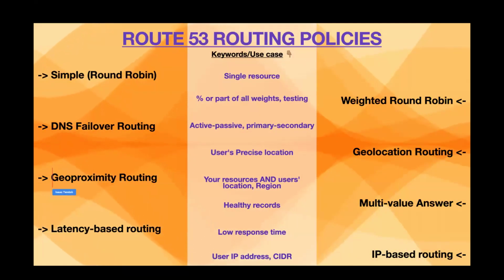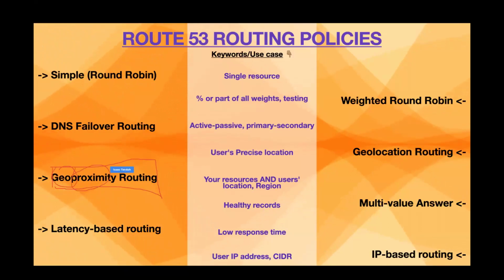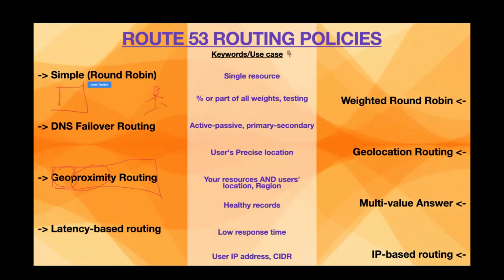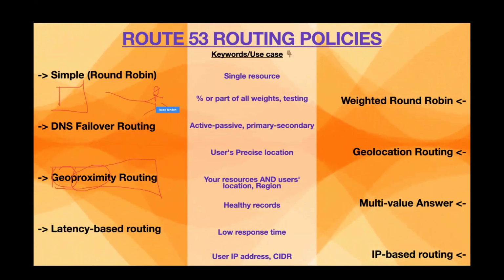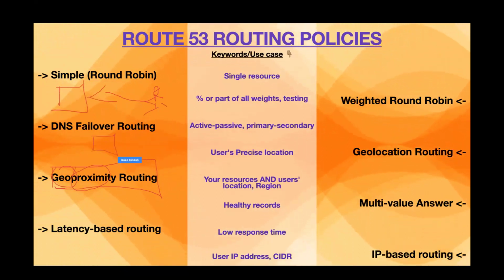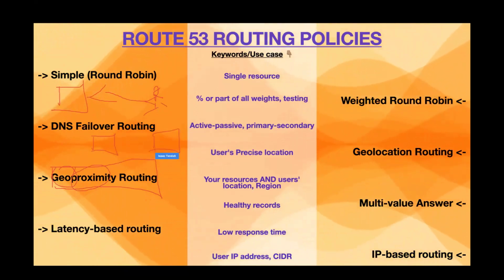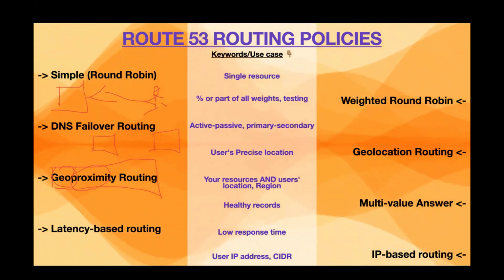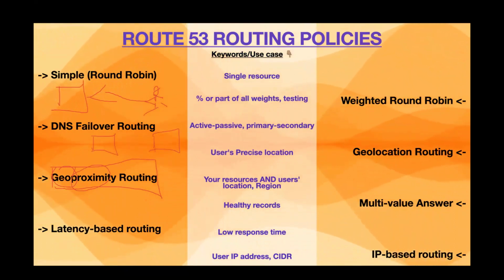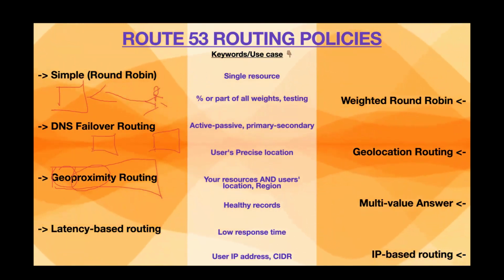And then the geo proximity. So there is geolocation, and then there's proximity. That one has to do with the location of your user and your server. So you route the traffic based on their proximity to the resource. That's geo proximity. So if you have a server in Africa and a server in the UK, with geo proximity, it says that, okay, somebody is within, let me use Africa and Latin America, Brazil, the Caribbean.